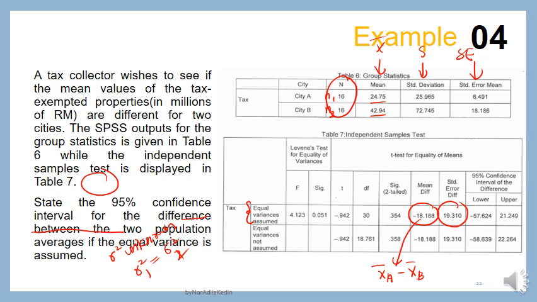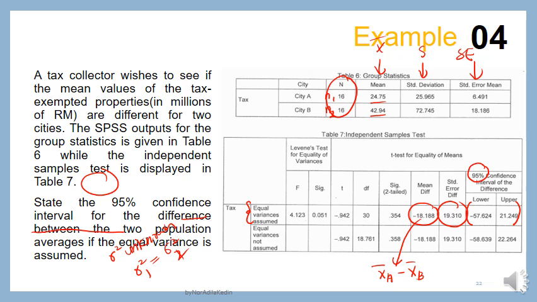Kalau dia suruh tunjukkan macam mana nak dapat standard error, you kena kira lah pakai formula yang diberi. Alright, kalau tak, awak boleh simply ambil daripada SPSS output. And sebenarnya dalam ni juga dah bagi awak punya 95% CI. Okay, kalau soalan suruh cari 95, sebenarnya itulah dia. Tapi kadang-kadang soalan suruh show the calculation.